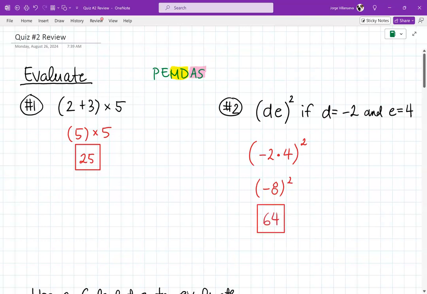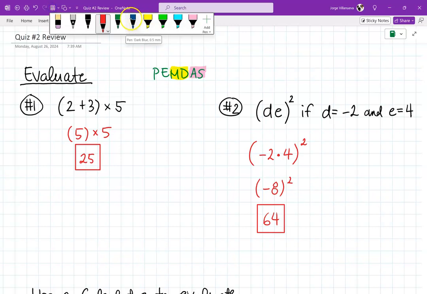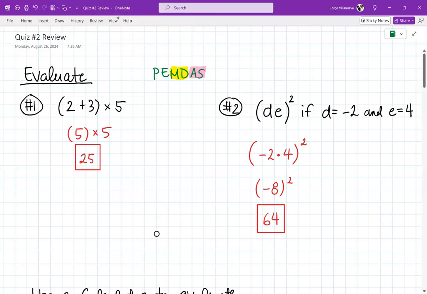Now, I do want to warn you guys, there's a reason why I did this problem. The little warning is this. If you go on your calculator and you press this number, the negative, right? Not minus, but it normally looks something like this. And then you press 8, and then you do the x squared button, right, to square it.